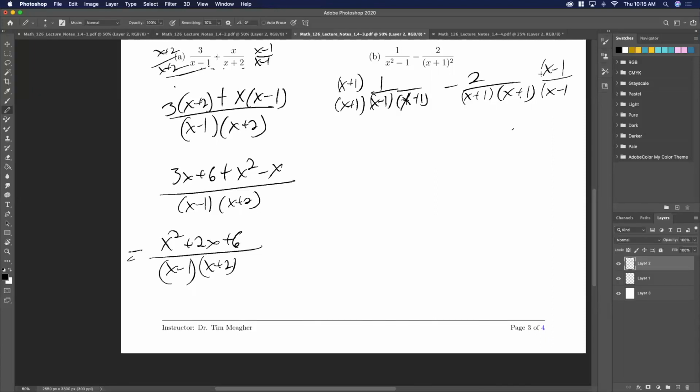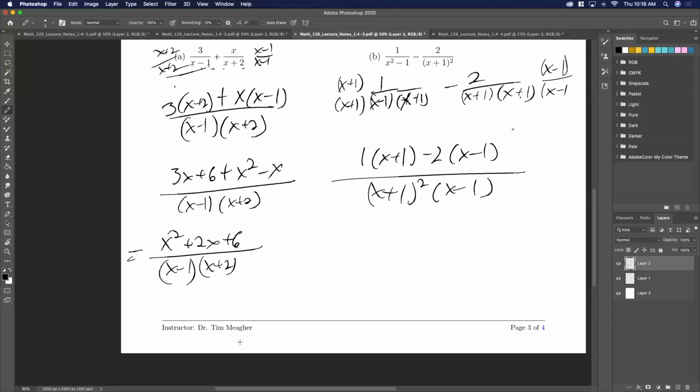So if I did all that, I'll have 1 times x plus 1 minus 2 times x minus 1 all over x plus 1 squared, x minus 1. And then if I just clean that up, I'll just do this real quick. So this is just x plus 1.